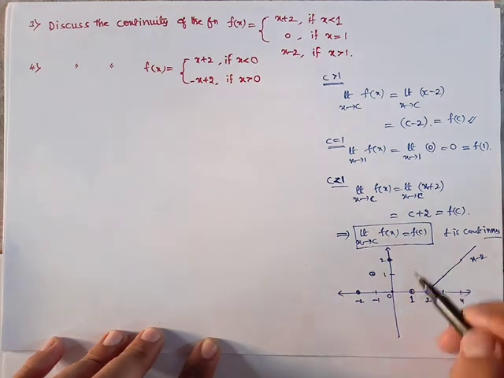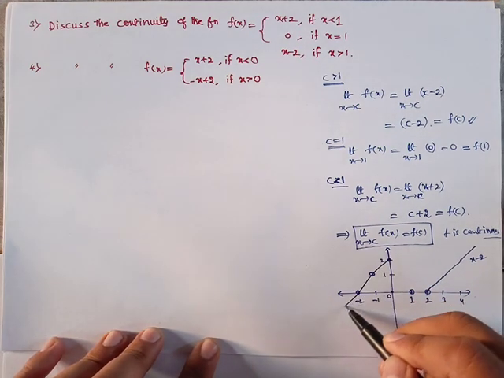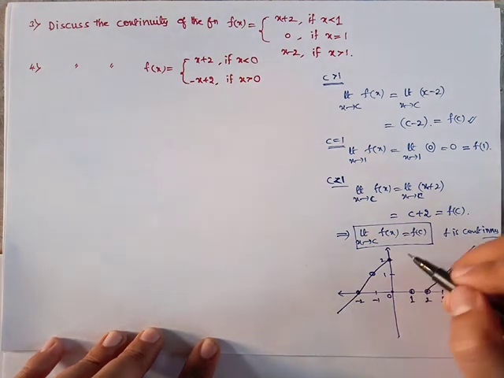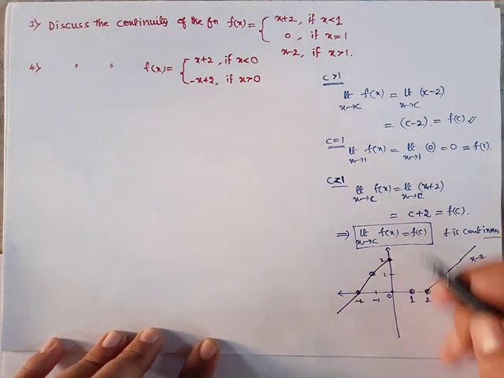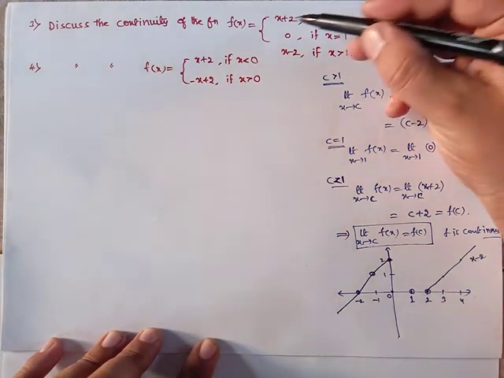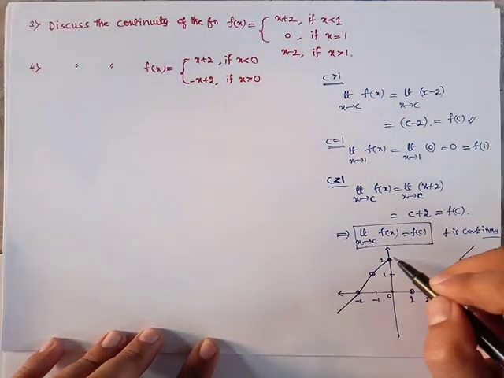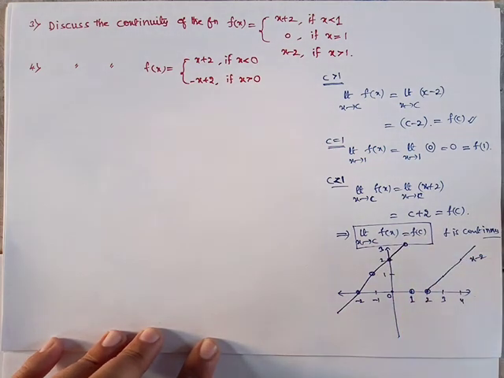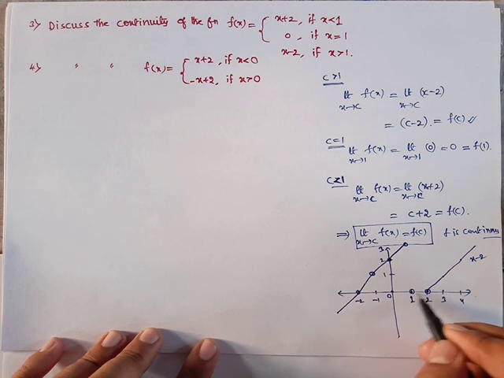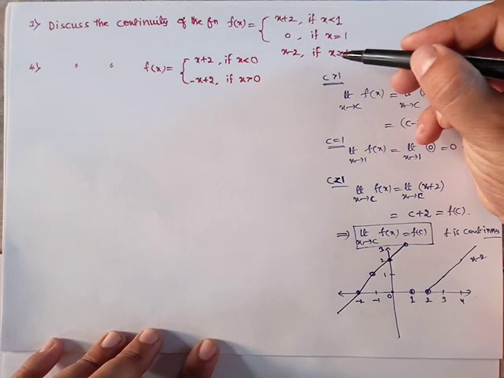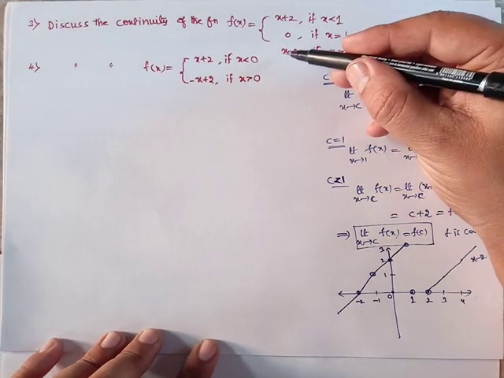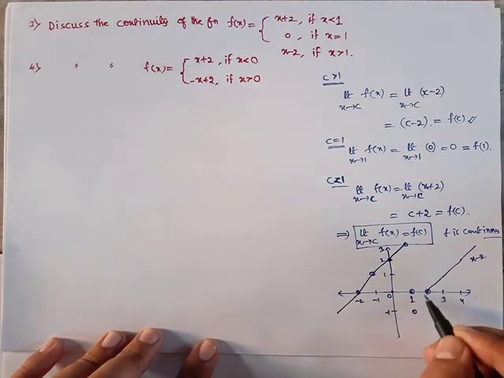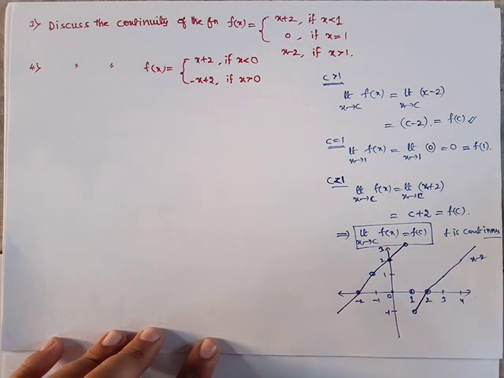Now if you join all these points in this way, it is going to be connected. In between 0 to 1, when x is equal to 1, it will be 1 plus 2, it will come near to 3, but it will not take the value 3 here. And in between 1 to 2, when x is greater than 1, substituting 1 minus 2 is equal to -1, it will come near -1, but it will not take the value -1.